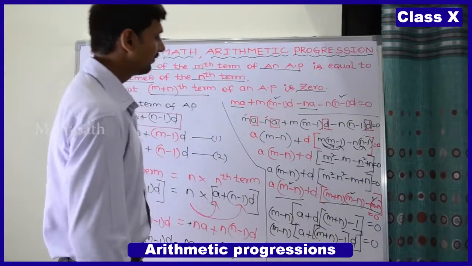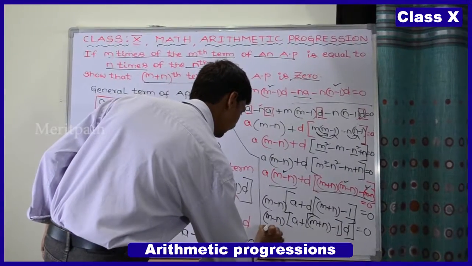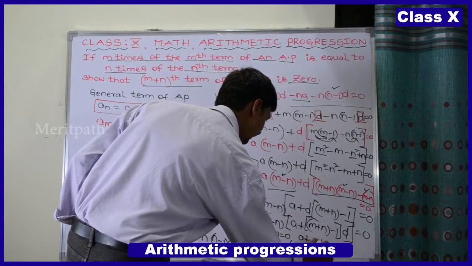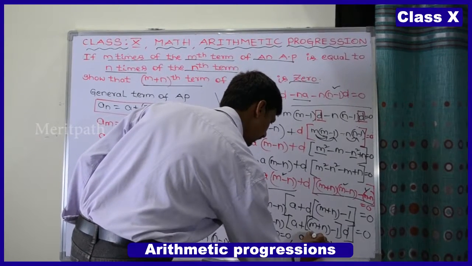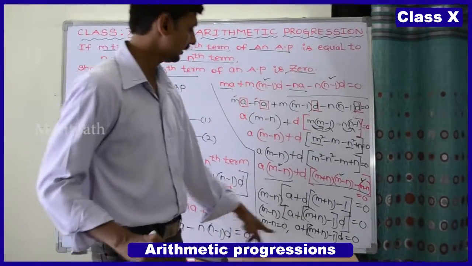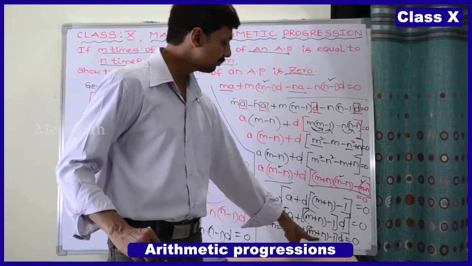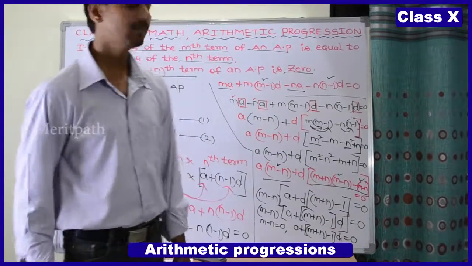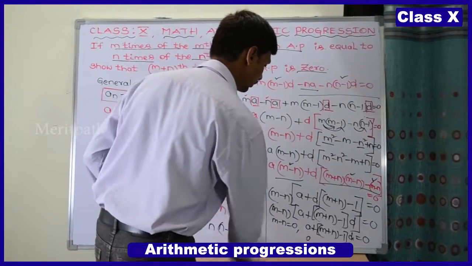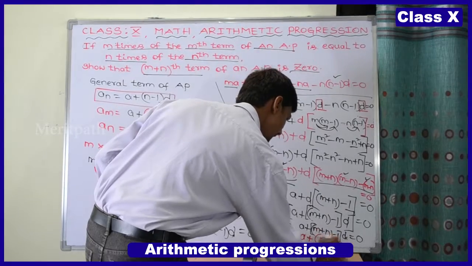So if we take each term equals to 0, then M minus N is equals to 0, and A plus M plus N minus 1 into D is equals to 0. So finally we got A plus M plus N minus 1 into D.